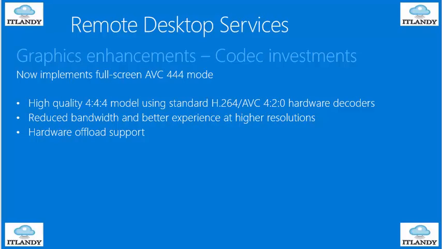To the human eye, the lack of chromatic information is not apparent with video content. However, with RDS, where mostly text is used, it is noticeable and users will perceive it as blurry. The AVC H.264 standard defines the capability of 444.